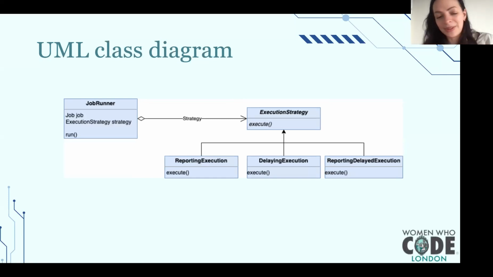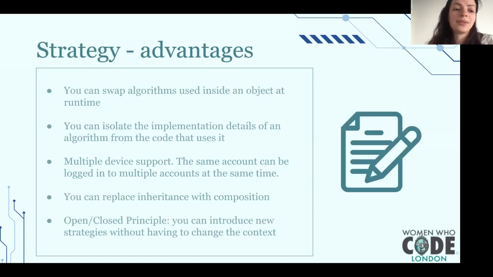It's really powerful, and it makes your code base really flexible. So the advantages: you can swap any algorithms. You can do execution with reporting, without reporting, delaying, everything you like. You can isolate the implementation, so we don't need to put the reporter in the original job because the job doesn't care about any reporter. The job just wants to do its job, so you isolate them.